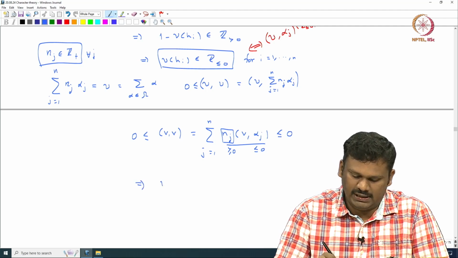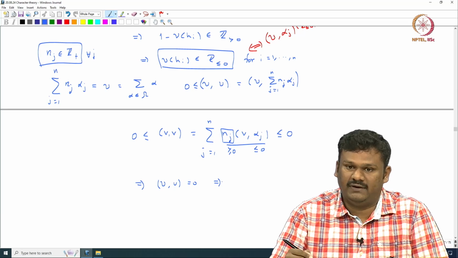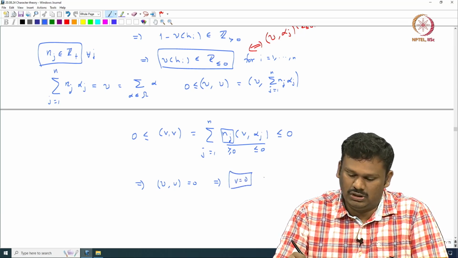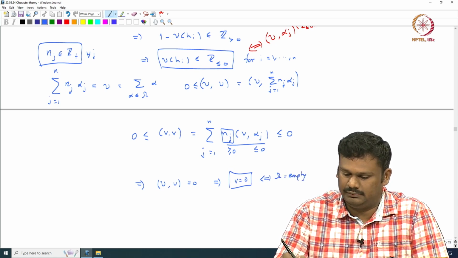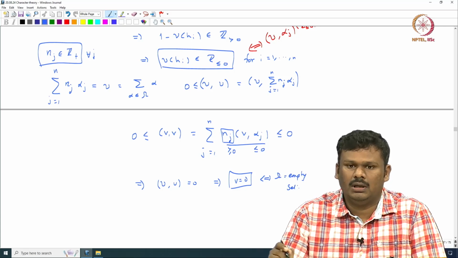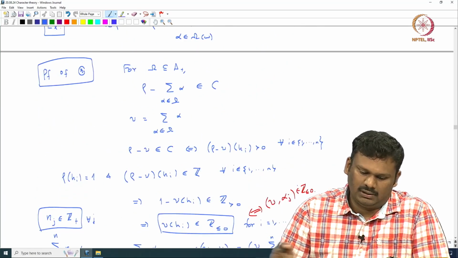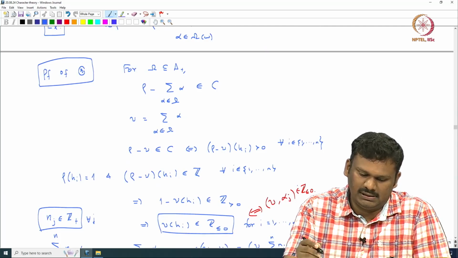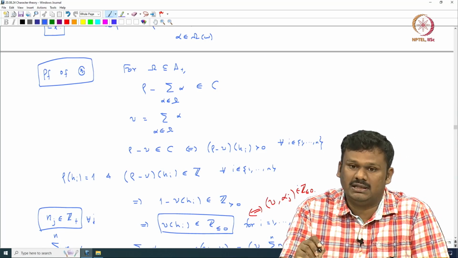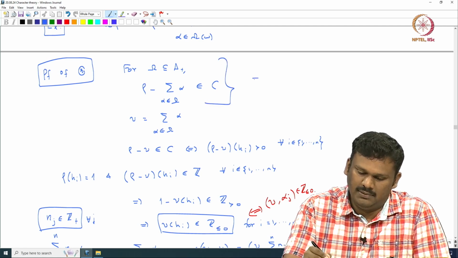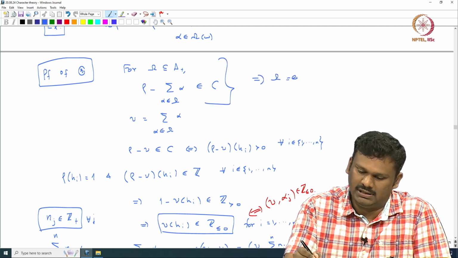So this forces the inner product of V with V to be 0, but we have the positive definite form, so that forces V to be 0. But V is 0 if and only if omega must be the empty set. So this proves that whenever omega is in delta plus, for which rho minus the sum of alpha, alpha in omega, is in the Weyl chamber, it implies omega is the empty set.